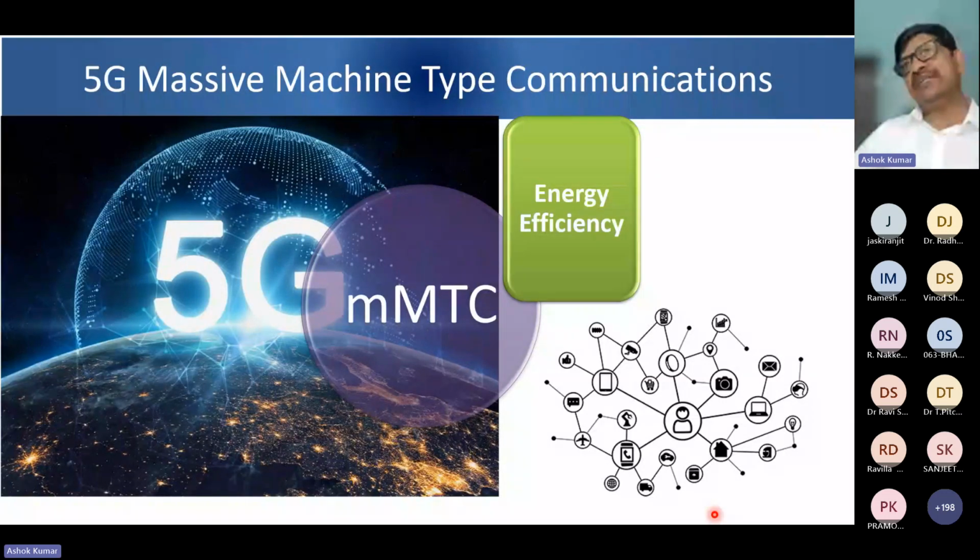Whether you are using the entire 20 megahertz or not, your circuitry for 20 megahertz is always on, the way the 4G systems are designed, because there is something called CRS in 4G, the cell reference signal, which is spread across the 20 megahertz bandwidth. Also, the control signals are spread across the 20 megahertz bandwidth, and that's why a phone is required to be built for the entire 20 megahertz channel bandwidth, and that's why the energy efficiency is poor.